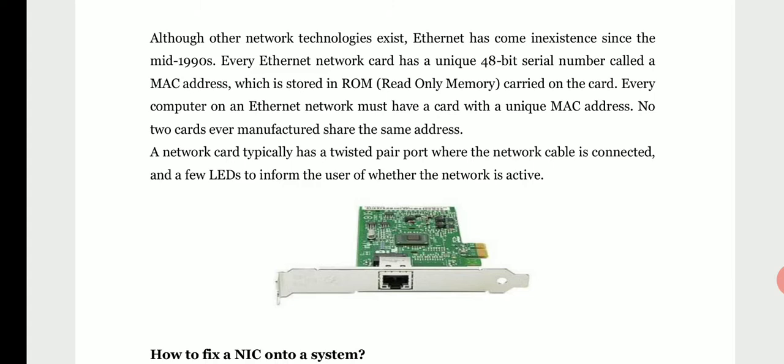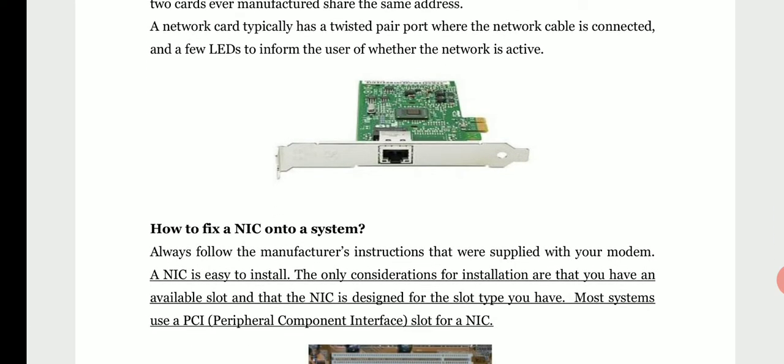No two cards ever manufactured share the same address. So your NIC has its MAC address, and the MAC address is unique. A network card typically has a twisted pair port where the network cable is connected and a few LEDs to inform the user of whether the network is active.